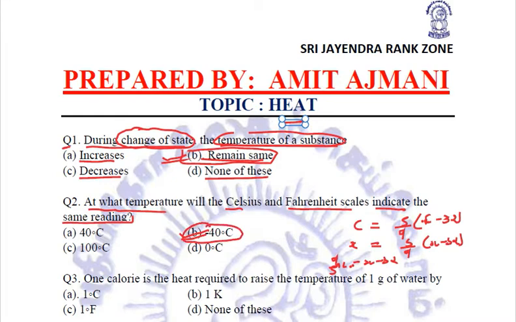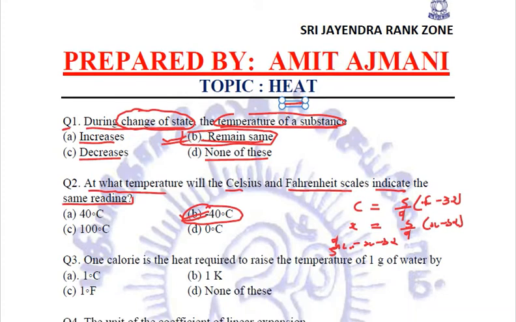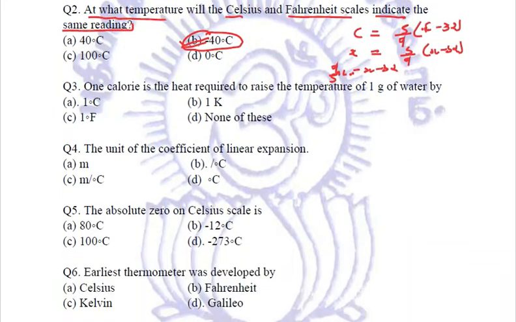Please check it out yourself and confirm that the answer is minus 40 degrees. So this is the temperature at which the Celsius and the Fahrenheit scale will indicate the same reading. I hope you understood the concept. The rest you just need to calculate.